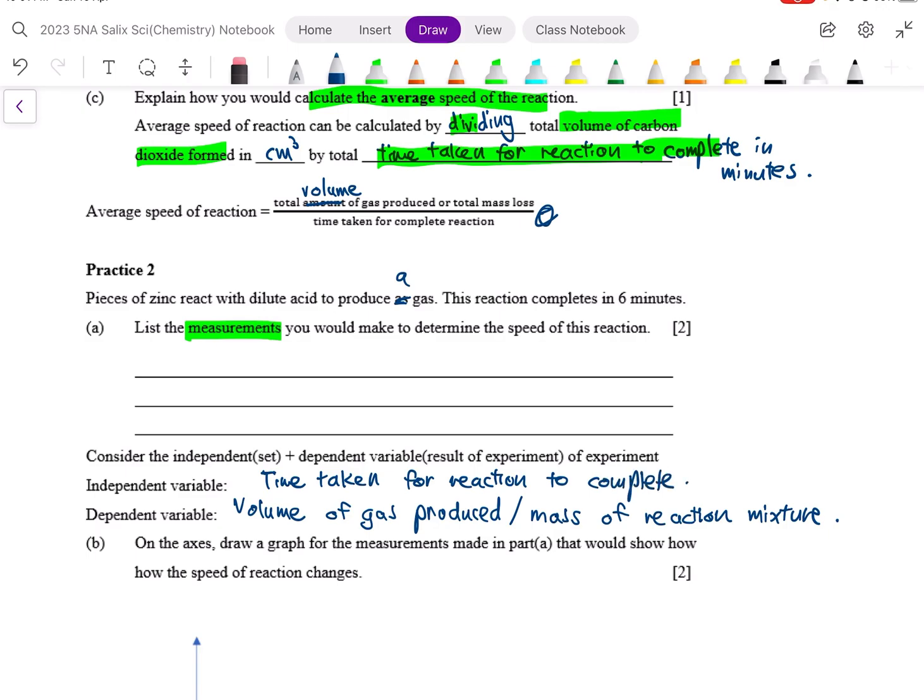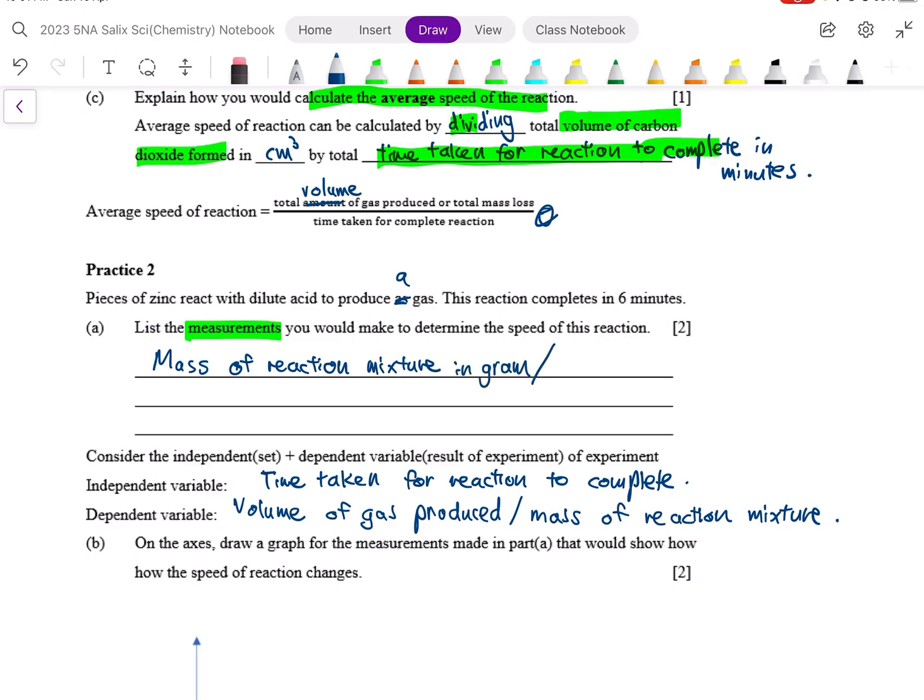When you encounter this type of situation, you must think about the dependent or the independent variable. In this case it will be easier. Up to me, I'm going to choose the mass of reaction mixture, in grams.